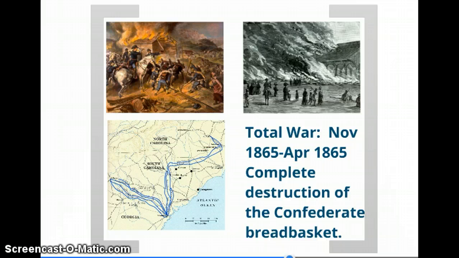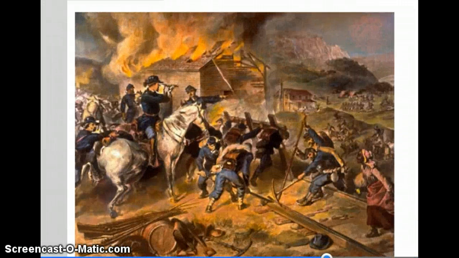The answer that Ulysses S. Grant, the general in command of the Union Army, had is something called total war. To go down into the Confederacy and completely obliterate everything in the path of the Union Army.